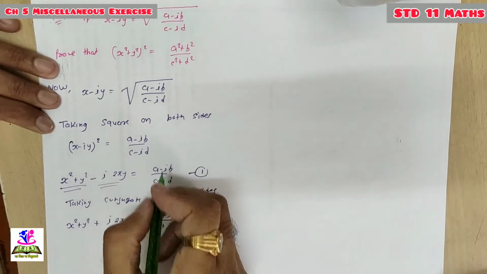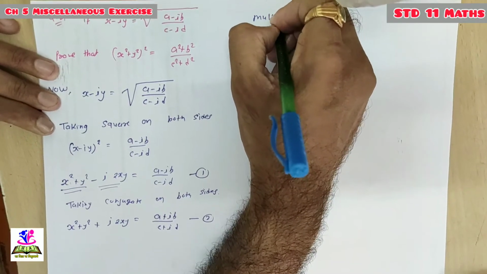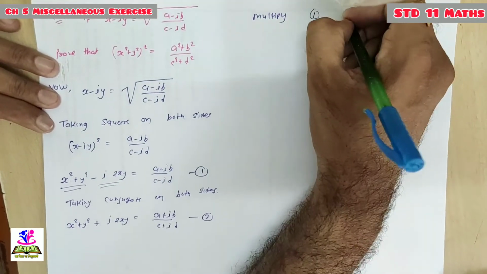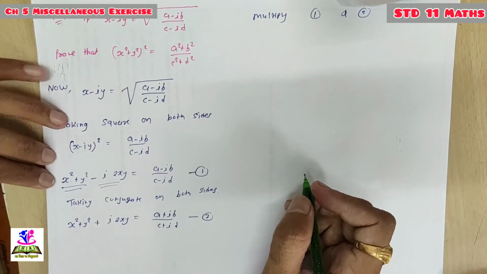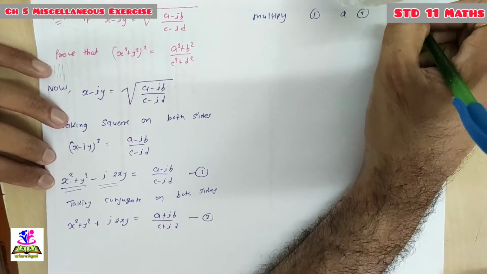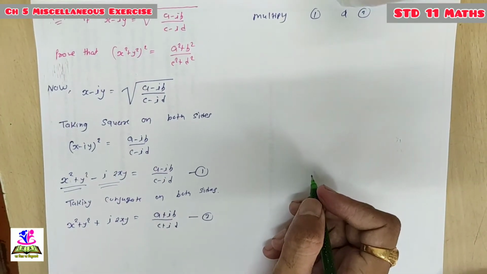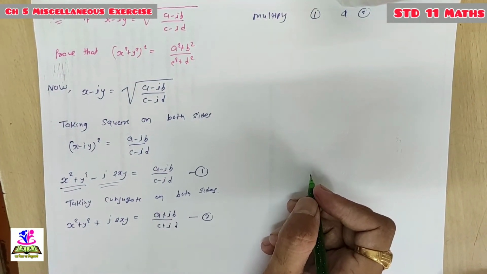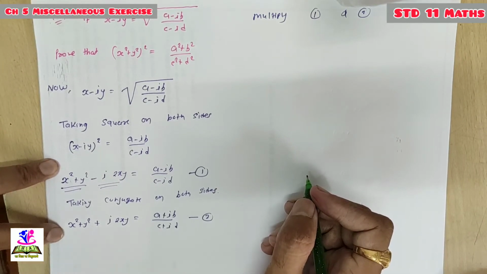Done. So now we are multiplying result 1 and result 2. Multiplying z and z bar, it's mod z square. Multiplication of a complex number with its complex conjugate is mod z square. So these two numbers are complex conjugates of each other, so we are getting mod z square.